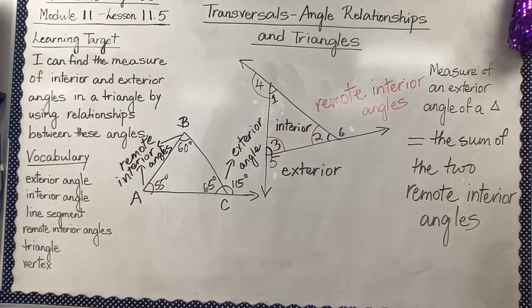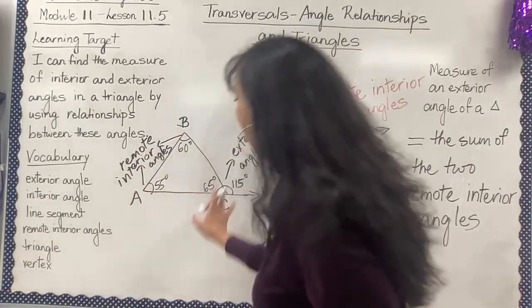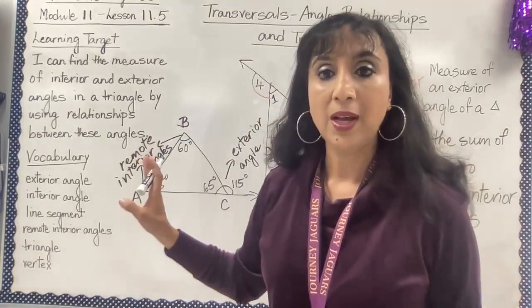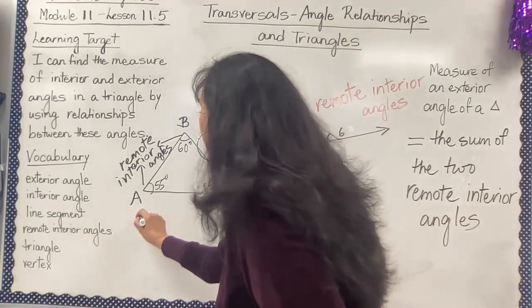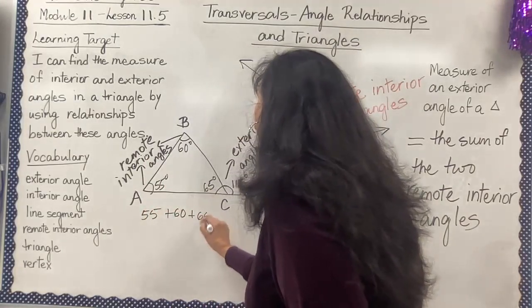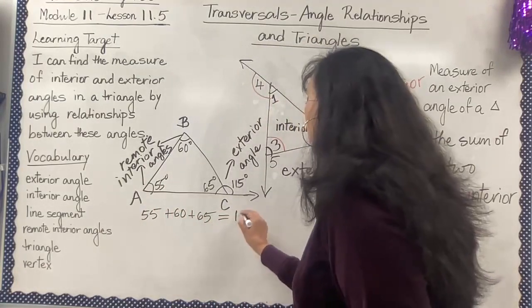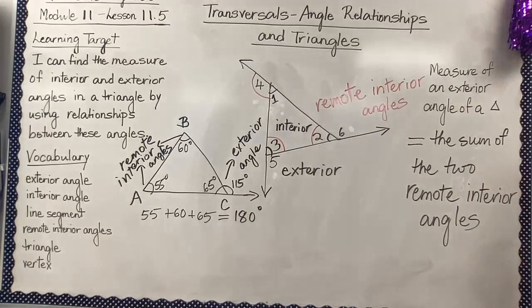Okay, so let's look at that. I know that within a triangle, the interior angles add up to 180, right? So look, 55 plus 60 plus 65 is going to give me 180 degrees. All right.